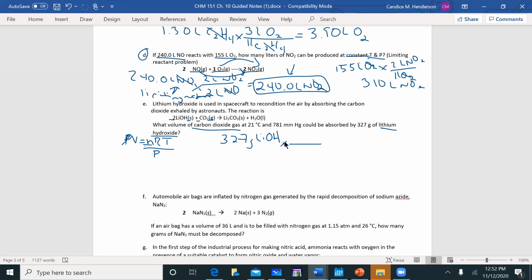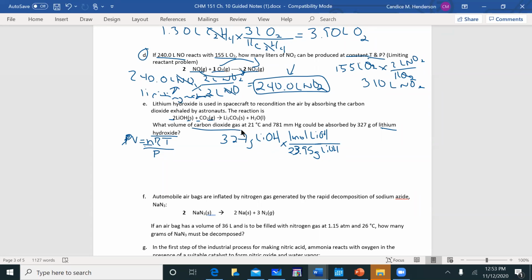So for every 1 mole of lithium hydroxide, this thing weighs 23.95 grams of LiOH.